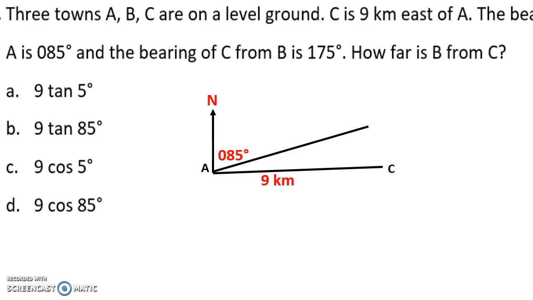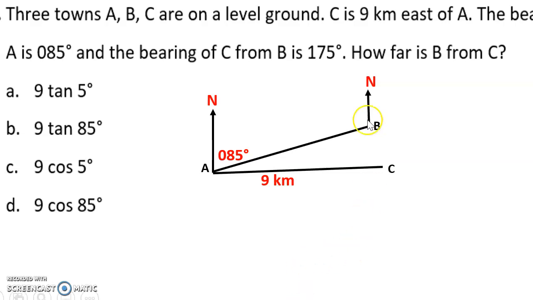And the bearing of C from B is 175 degrees. So here we have A, here we have C, so this point is going to be B. So let's put that in. So that's B. And we add our north line, right? For bearing, we always add our north line.